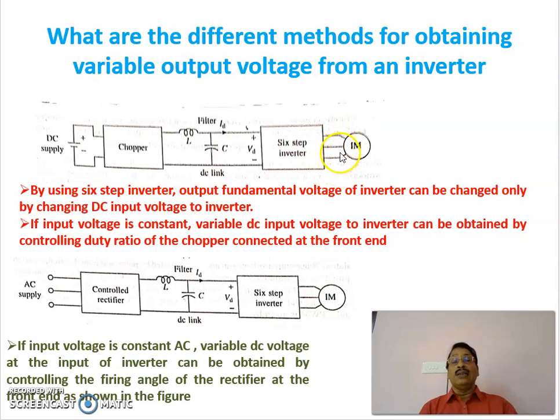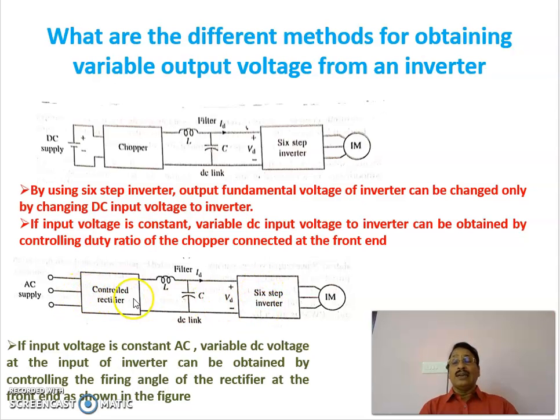The fundamental output voltage available at the stator of the induction motor can be changed by controlling the duty ratio of the chopper, provided the input is a DC source. Instead of a DC source, if the input is a three-phase AC source, a controlled rectifier is connected at the front end. By controlling the firing angle of the controlled rectifier, you can vary the DC input voltage to the 6-step inverter.